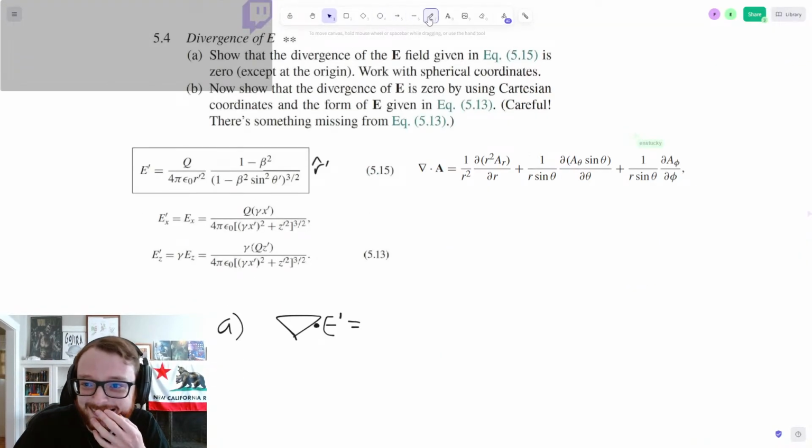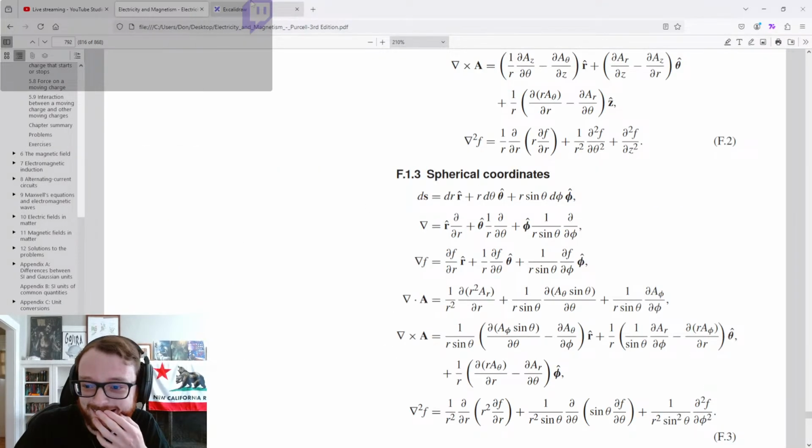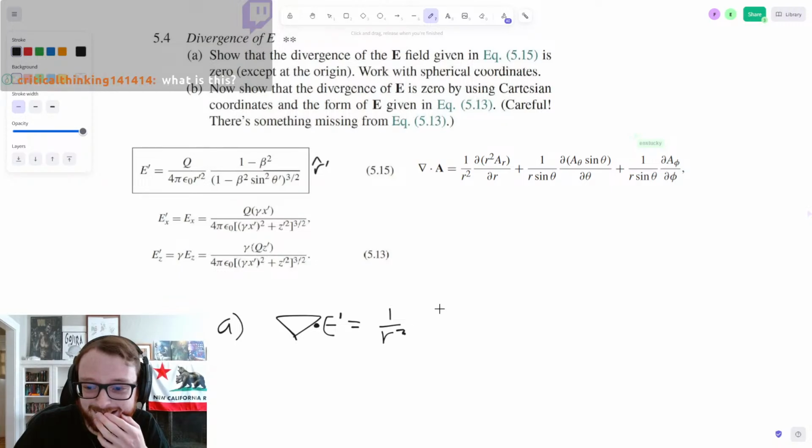Derivative of a constant. Ugh. I don't know how much we need to actually write of this, because now it's just obvious. But r prime squared equals 0.